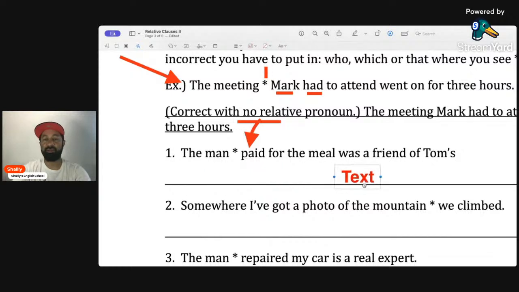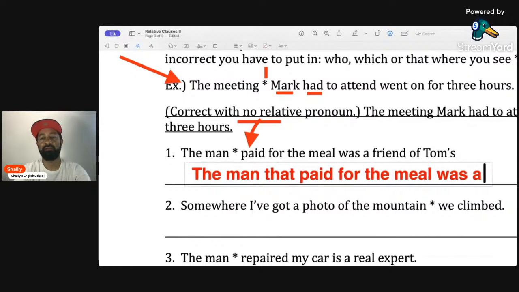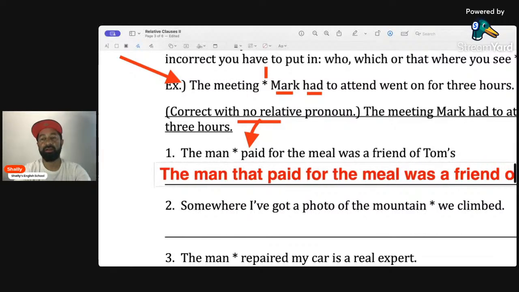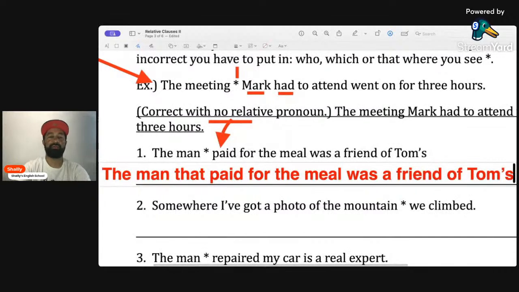So I would say the man that paid for the meal was a friend of Tom's.